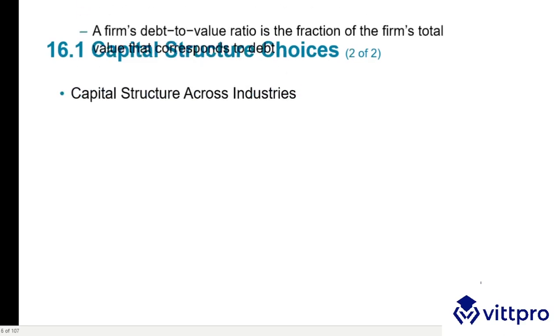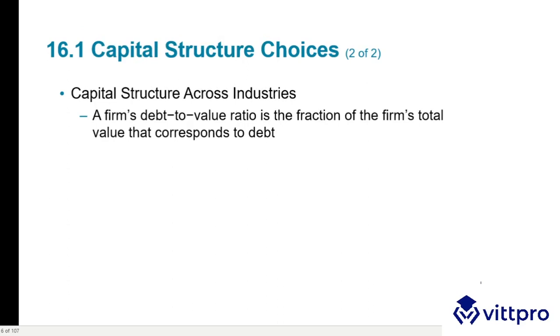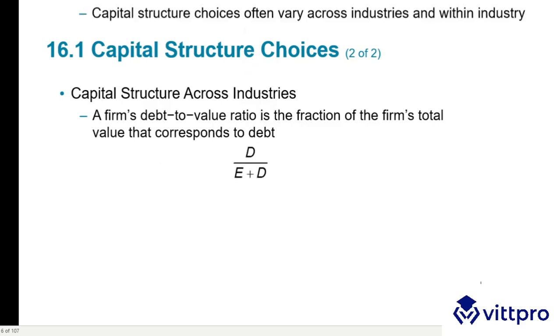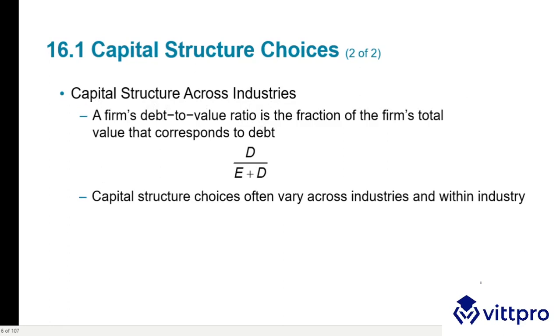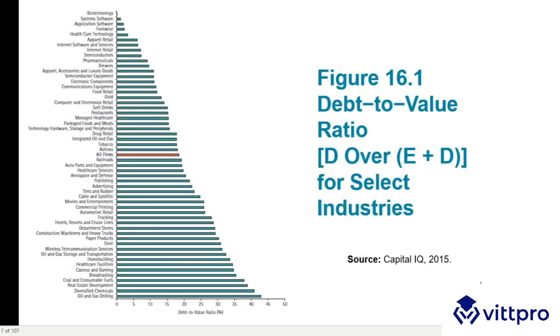So the capital structure differs across industries. A firm's debt to value ratio is the fraction of total value that corresponds to debt, and it is different in each industry and varies because of various factors and what they want to do with the debt. Looking at the debt to value ratios in various industries, you can see some go up to 30% of the total value.